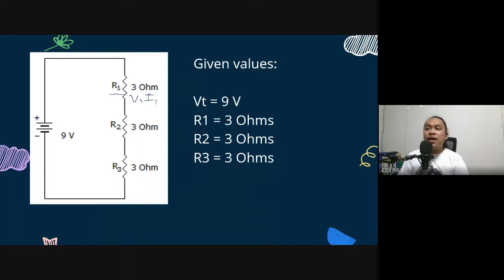Next, we have R sub 2 here. What other parameter does the second load have? What else? We have R sub 2. What other electrical parameter is here? Hello, can you hear me?